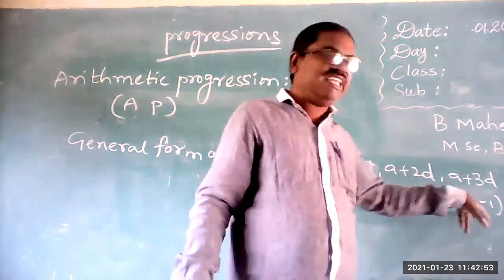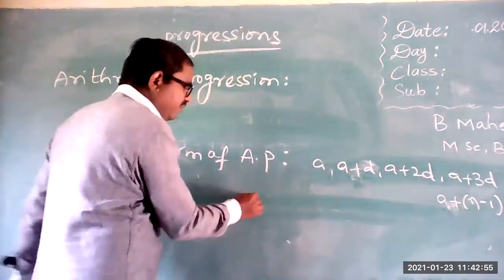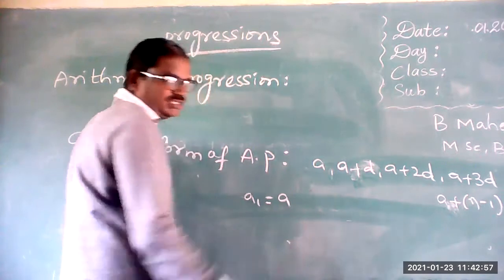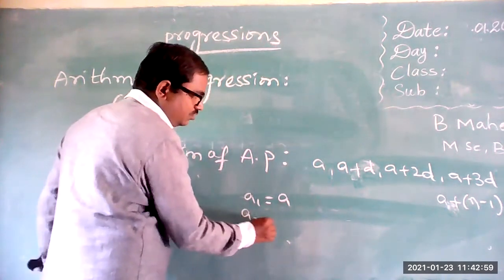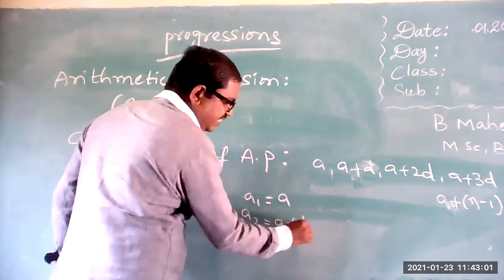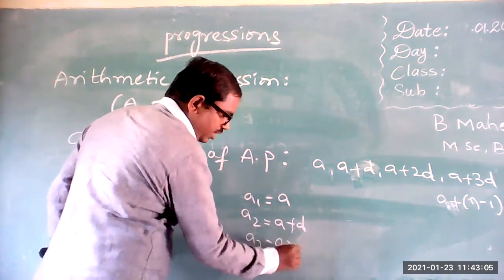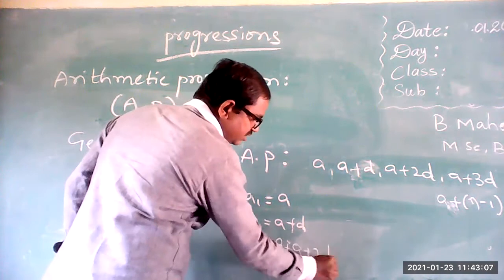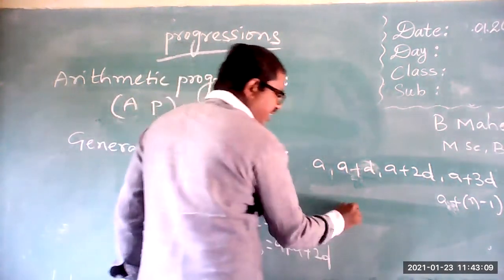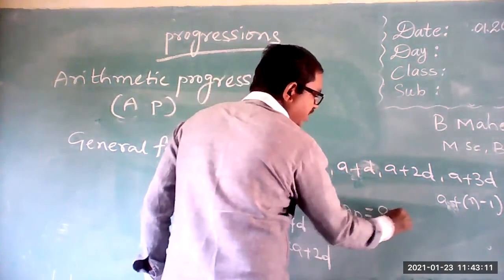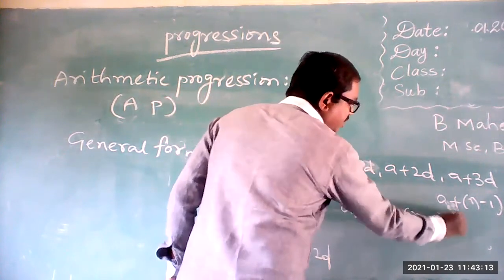The last term is the nth term. So A1 is equal to A. A2 is equal to A plus D. A3 is equal to A plus 2D. So An is equal to A plus (N minus 1) into D.